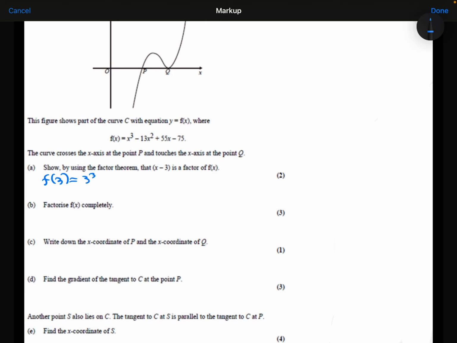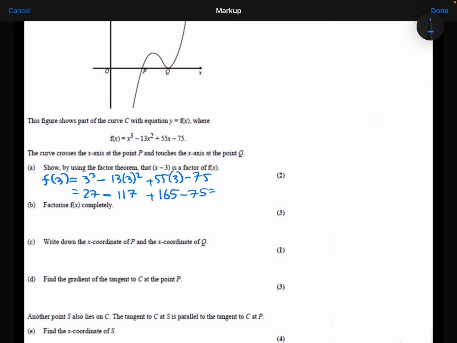We'll get 3 cubed minus 13 times 3 squared plus 55 times 3 minus 75. Well, 3 cubed is 27. 13 times 9 is 117. 55 times 3 is 165.